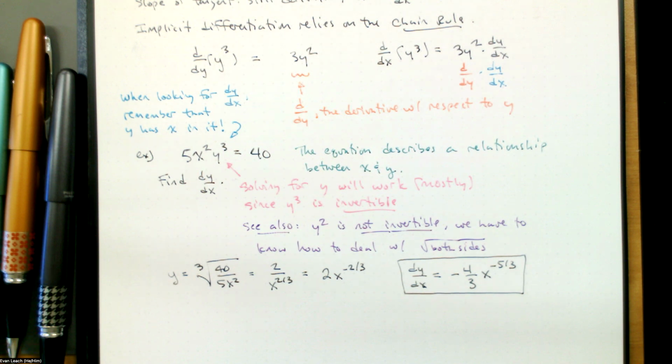So this raises the question, why would we do implicit differentiation if we could just find a function for y and then take the derivative normally? Because we can't always find a function for y, and it's not about finding the derivative. It's about understanding how these things are all related.